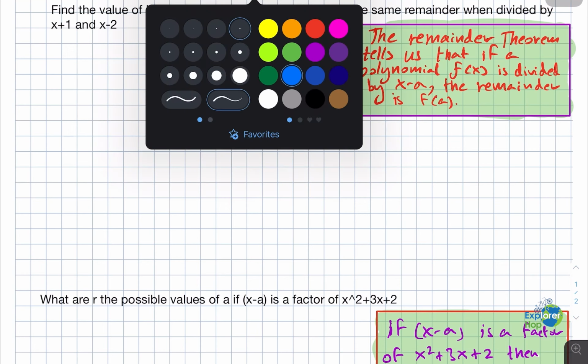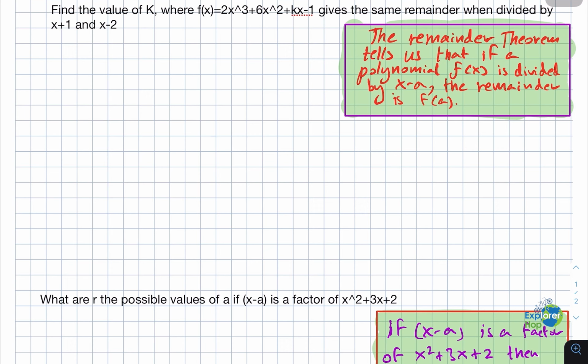We have to remember that the remainder theorem tells us that if a polynomial f of x is divided by x minus a, the remainder is f of a. So the first thing we'll look at is we'll use the remainder theorem on 2x cubed plus 6x squared plus kx minus 1 divided by x plus 1.